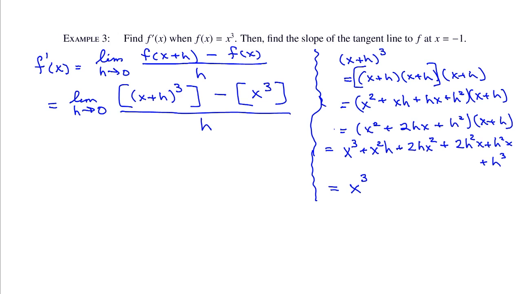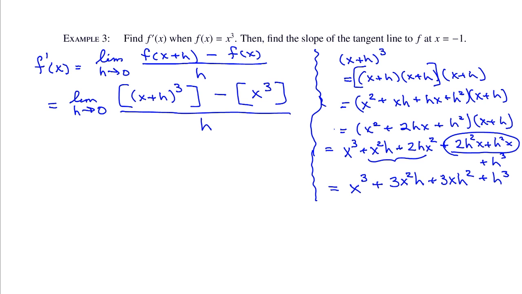Right? So these are the same. And so how many total is that? That is 3x squared h. Same thing here. These are the same, so that's 3 of those. And then we have h cubed, like so. And so that's how you multiply out x plus h cubed.